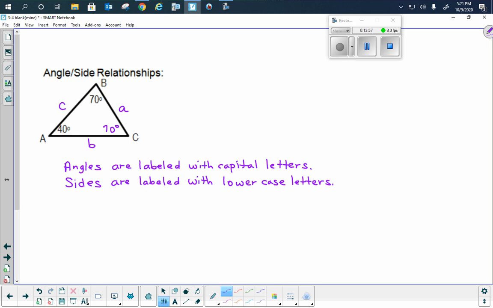Okay, so you need to recognize our relationship, which says that one, the longest side is across from the largest angle.